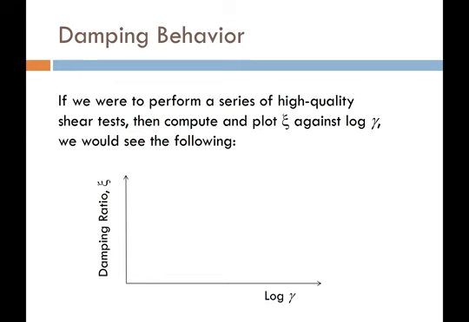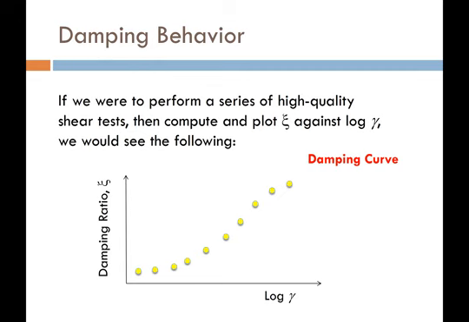So if we were to do the same thing we did before with modulus reduction curves, but this time for every cycle of cyclic strain, we computed that ratio and calculated the damping ratio, what we would see is behavior that looks like this, and we call this behavior the damping curve.